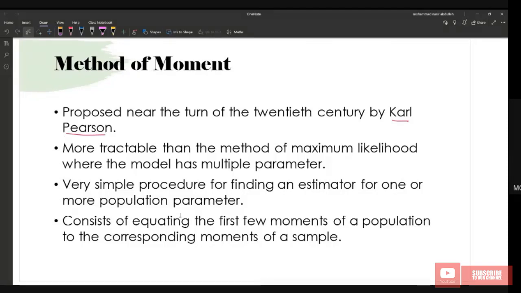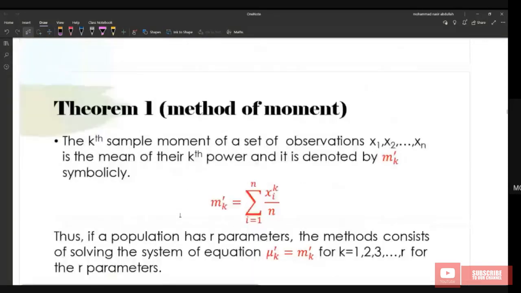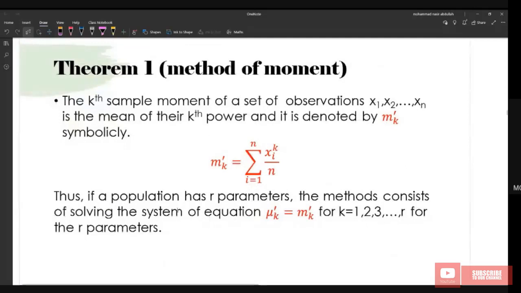So based on theorem number one, the k-th sample moment of a set of observations x1 until xn is the mean of the k-th power, denoted as m prime k symbolically. M prime k is a moment about the origin. So m prime k is the summation of x i to the power of k divided by n, right?